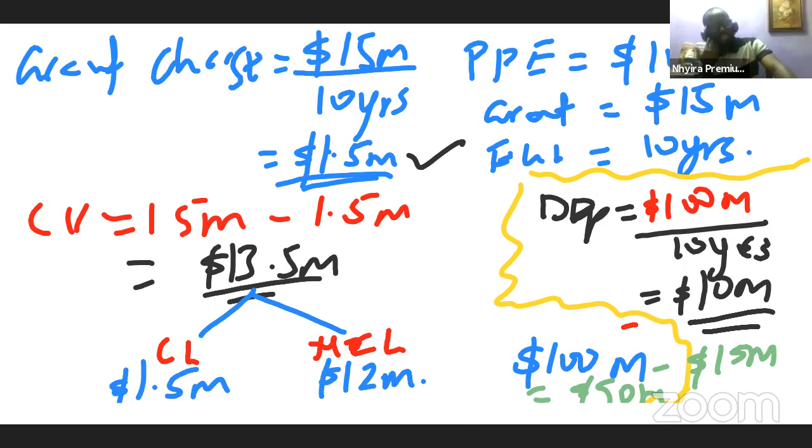But why is this method preferable? This method is preferable because of possible future repayment. Remember, every grant comes with a condition, and the government can say that if you are not able to fulfill all the conditions, you're supposed to return all the grants.